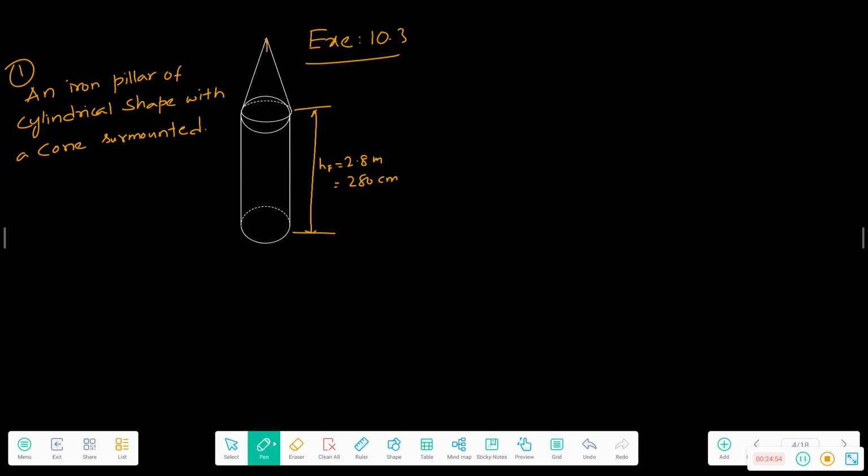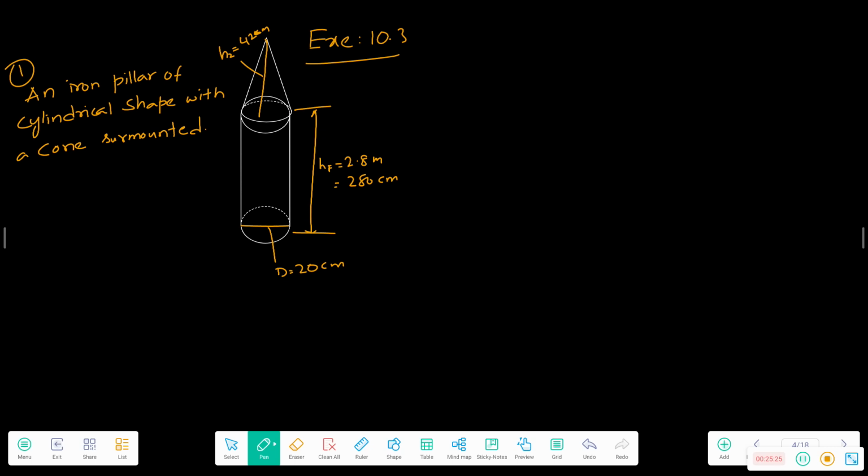And for the conical part, let the height be h2, and the height of the cone is given as 42 centimeter. For both, the diameter is 20 centimeter.